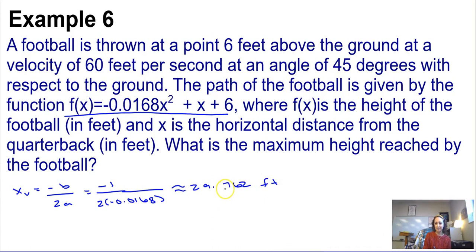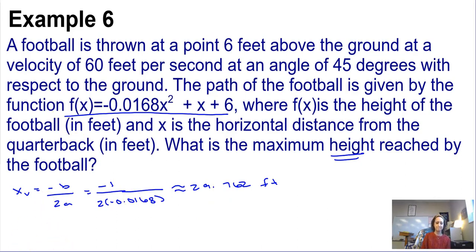Now, is that my final answer? It's not, because that's just the horizontal distance from the quarterback. If I want the actual height, I'm going to need the y value, because f of x, which is y, is the height, right?